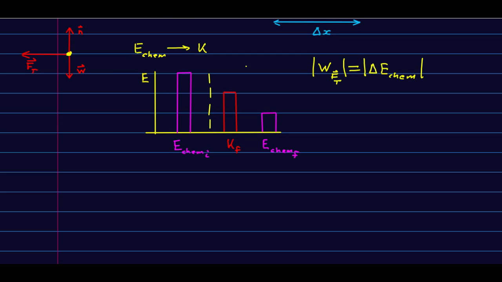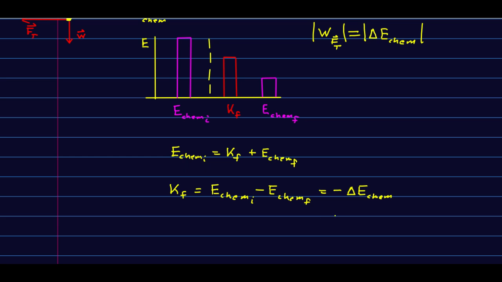Our conservation of energy is simply that E chem initial is Kf plus E chem final. And so Kf is E chem initial minus E chem final, or in other words, negative delta E chem.